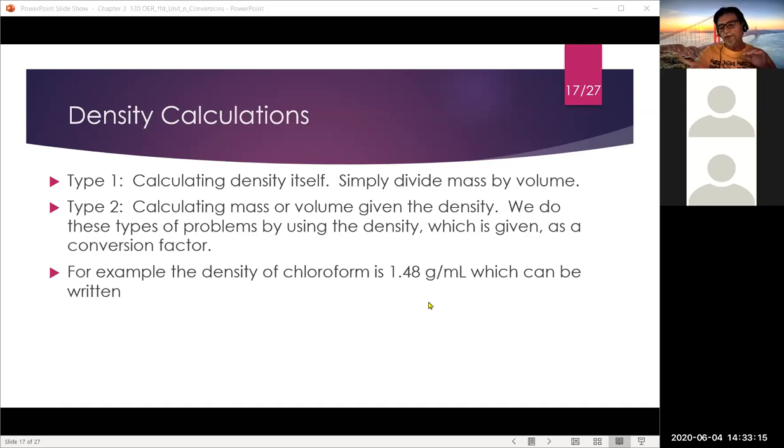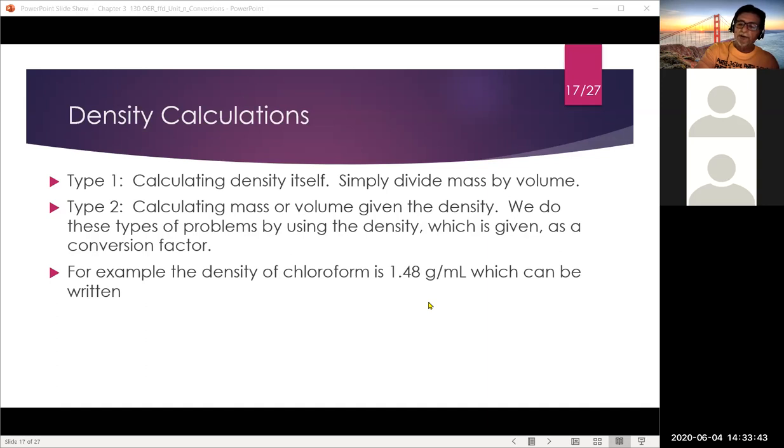Now think about that unit, that ratio, for a second. That means if I measured 1 cc or 1 milliliter of chloroform, it would weigh 1.48 grams. Or vice versa, if I were to weigh out 1.48 grams of chloroform, it would have a volume of 1 milliliter.